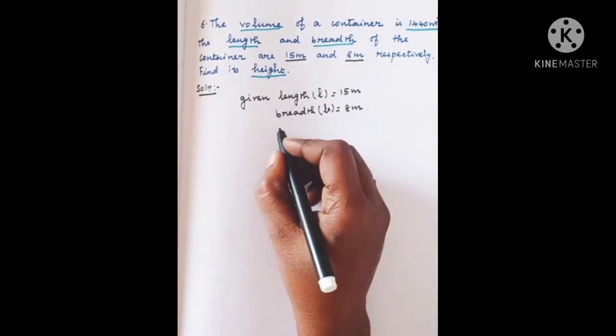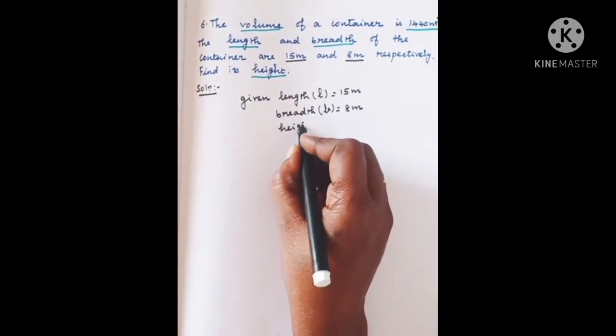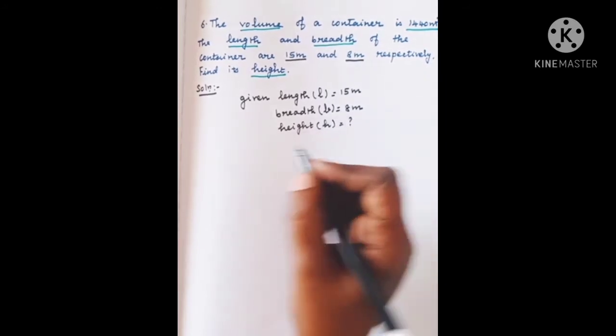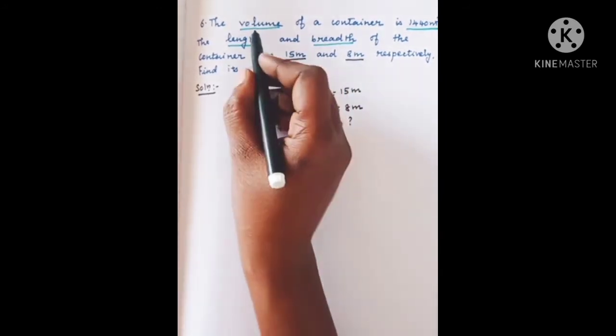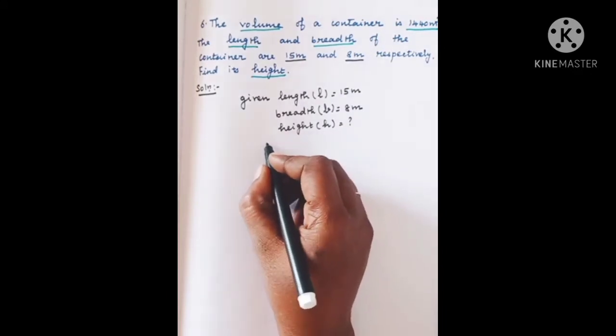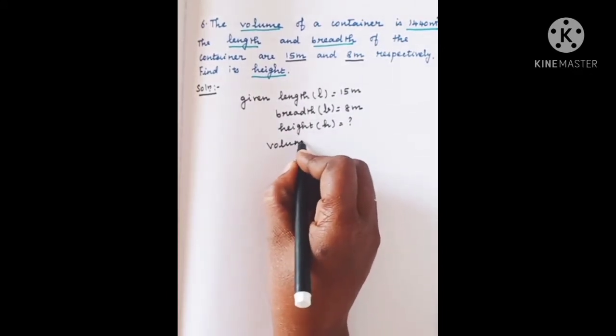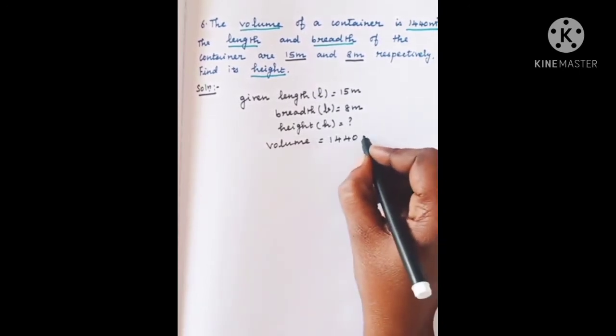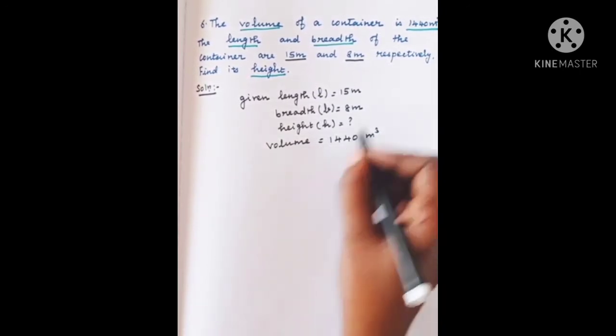We have to find the height of the cuboidal box. Height is not given here. And also what is given? The volume of the cuboid is given. Volume is equal to 1440 meter cube.